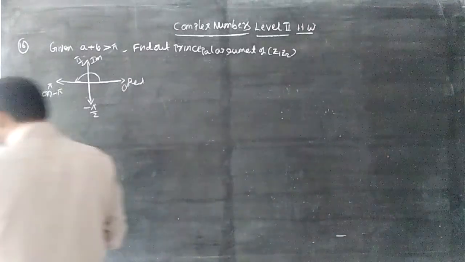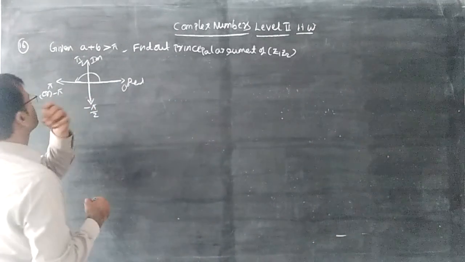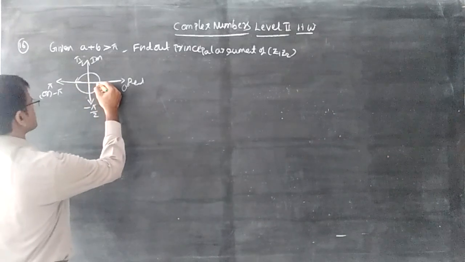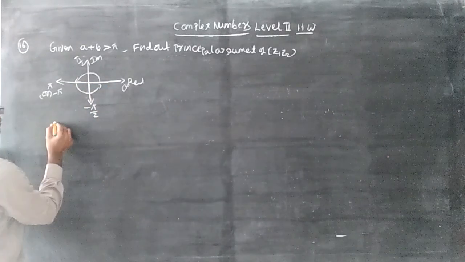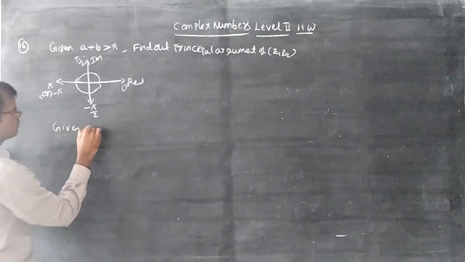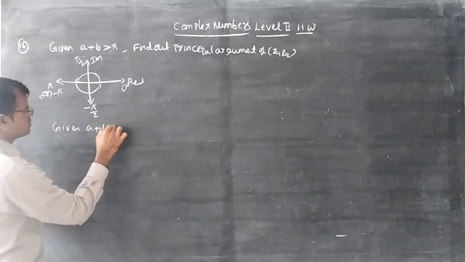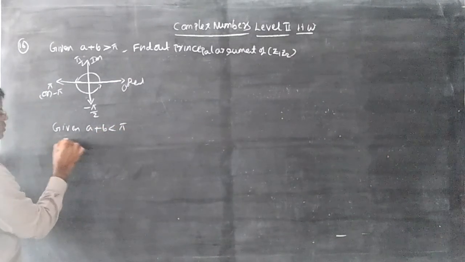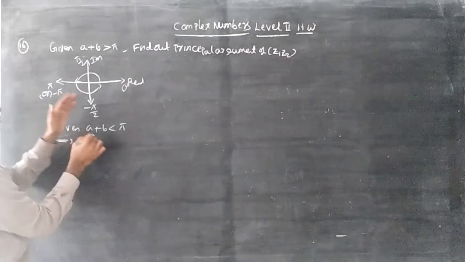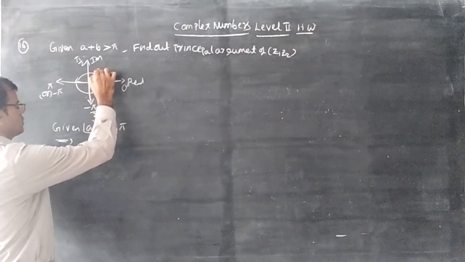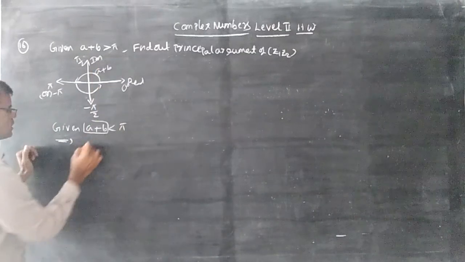For the concept, given A plus B greater than pi, if you take it on the negative side, given A plus B less than pi, that implies the argument lies between the first quadrant and second quadrant.